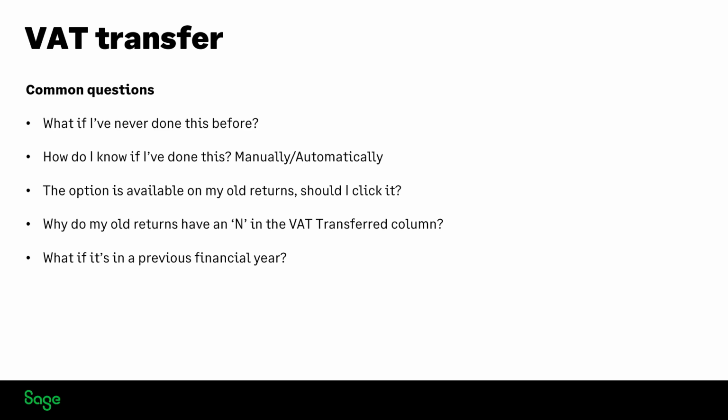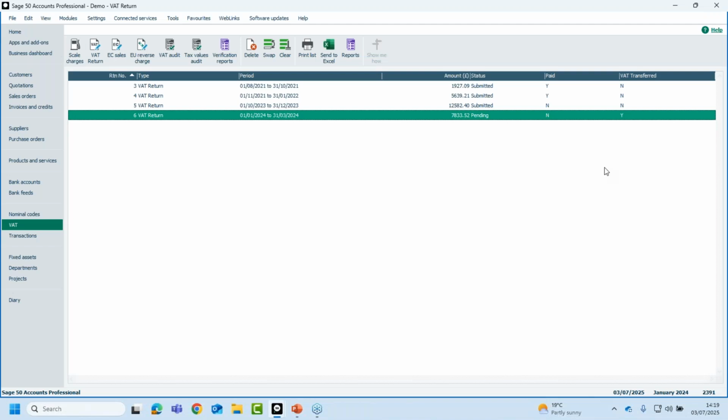Second question there, how do I know if I've done this manually or automatically? Well, I'll pop back to my screen. So we'll go into the VAT. If you have done it automatically, you'll have a Y against the relevant VAT return. If you've done it manually, then it will always be an N against the relevant VAT return. That's not a problem.